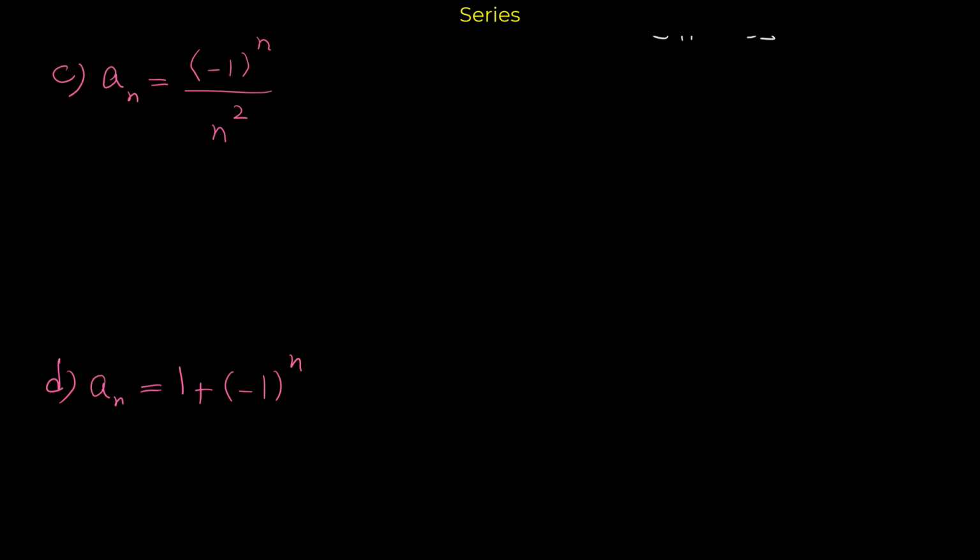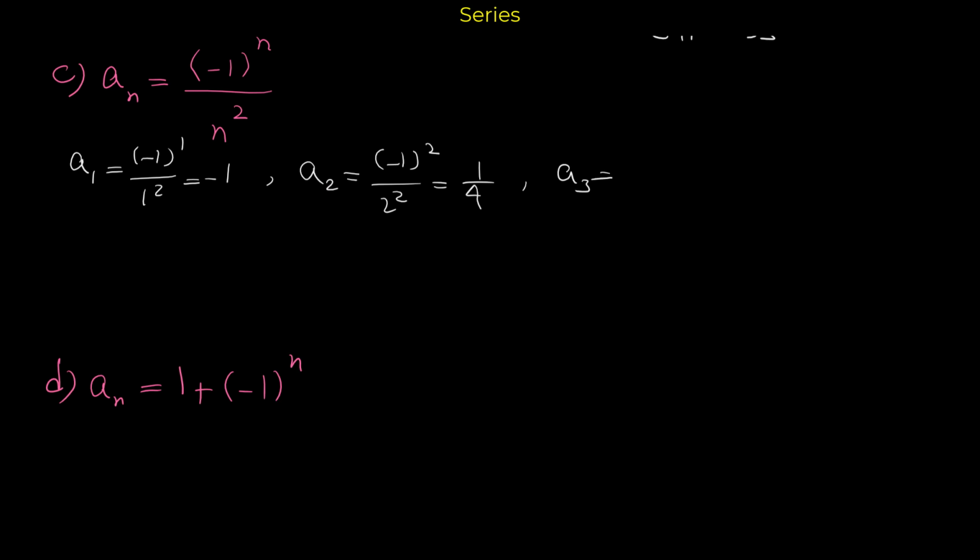Next example, a_n is given as (-1)^n over n^2. First we plug in 1 for n, and then we have a_1 is (-1)^1 over 1^2, and it's -1. So the first term is -1. The second term is (-1)^2 over 2^2, it's 1 over 4.